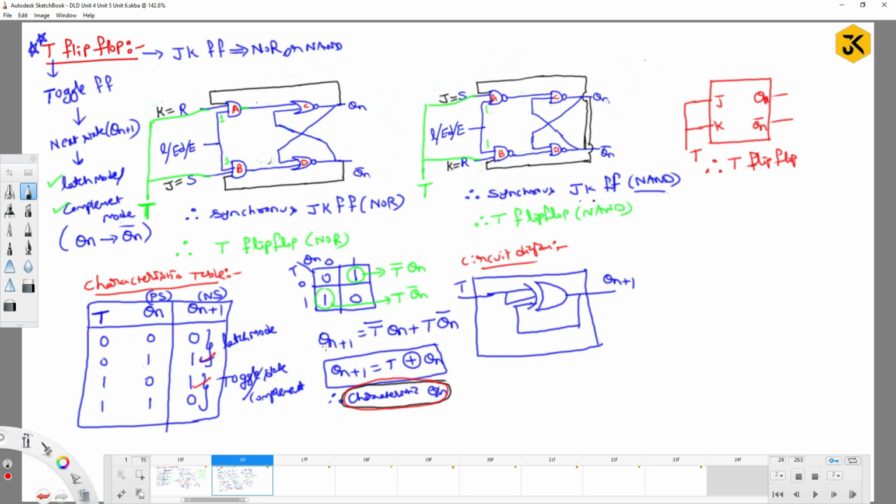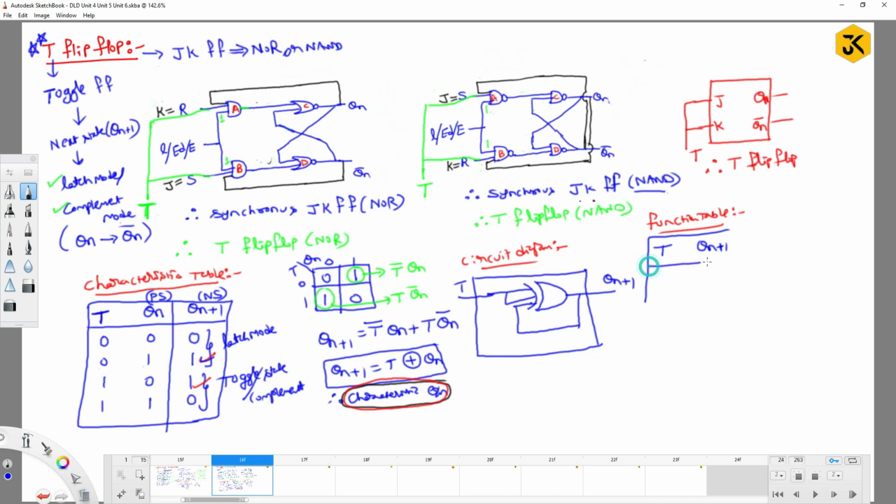Okay, so can we construct the function table for this? Yes. Function table means representing your output in terms of its present state. So you are going to have the input variable T, and you are going to have the output state Qn plus 1.